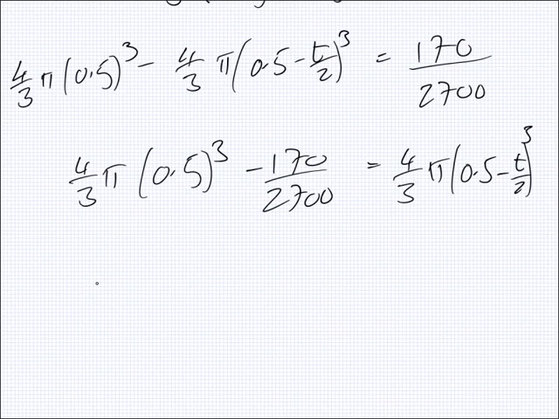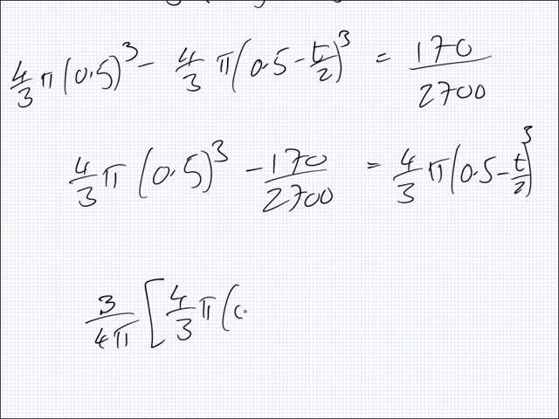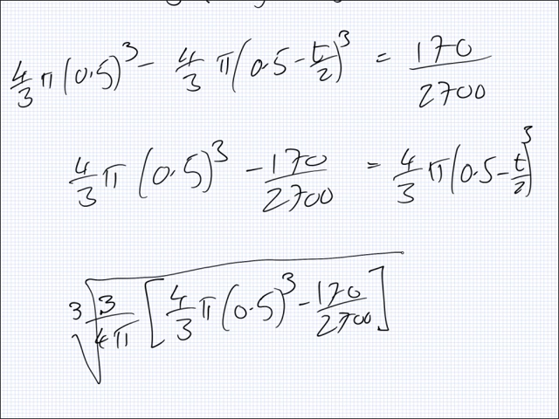Then you can get 3 over 4 pi times 4 over 3 pi times 0.5 cubed minus 170 over 2700, cube root, minus 0.5 equals minus t over 2. And then times 2.